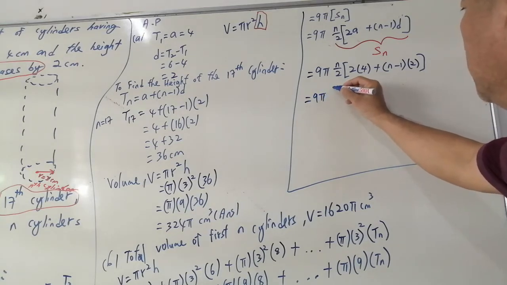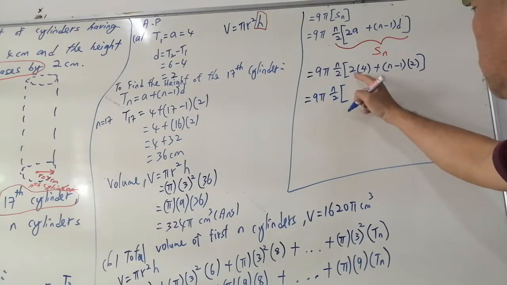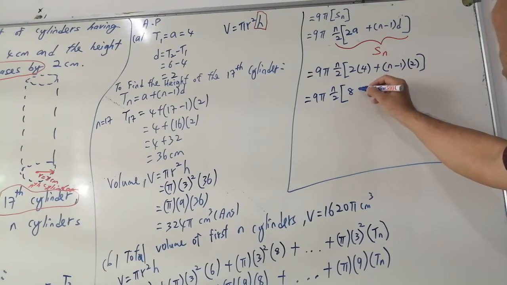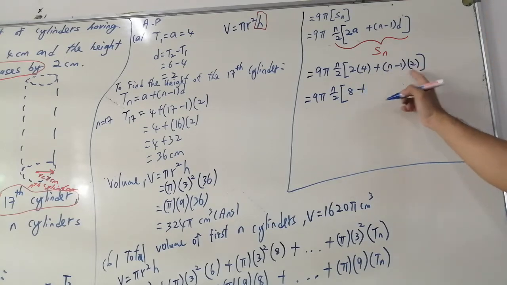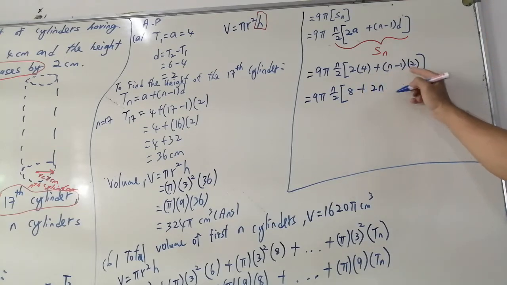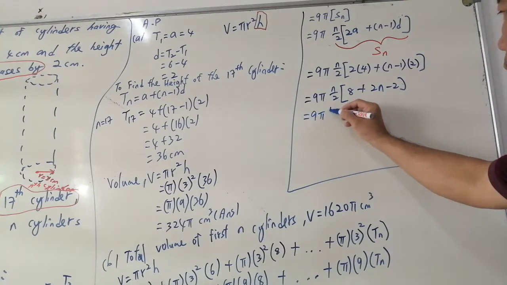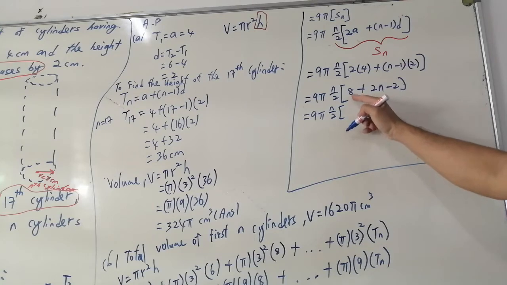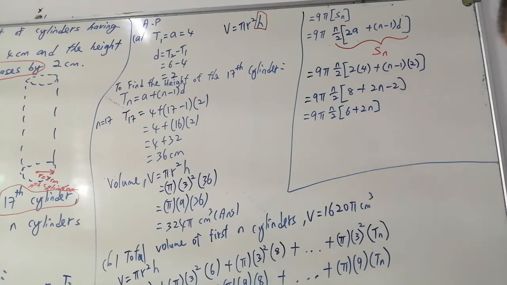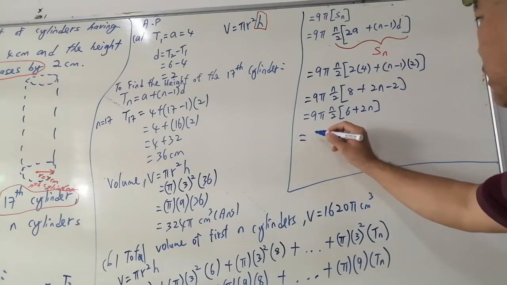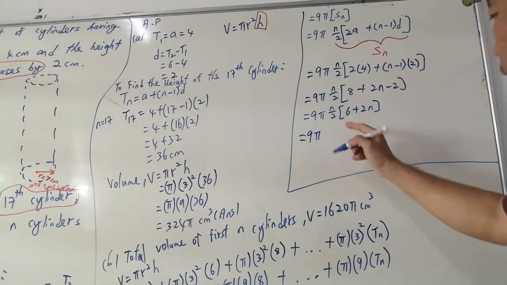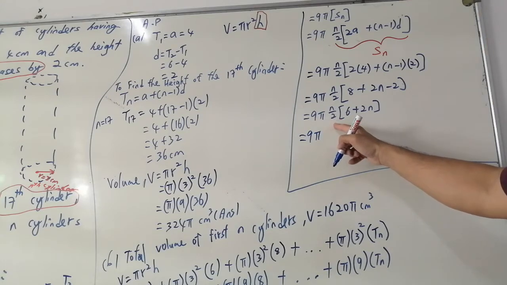9 pi, n over 2, 8, then this one is 2n minus 2. So 9 pi n over 2, 8 minus 2 is 6, plus 2n, so 6 plus 2n. So this one will be equal to how much? 9 pi, then I solve for this one.